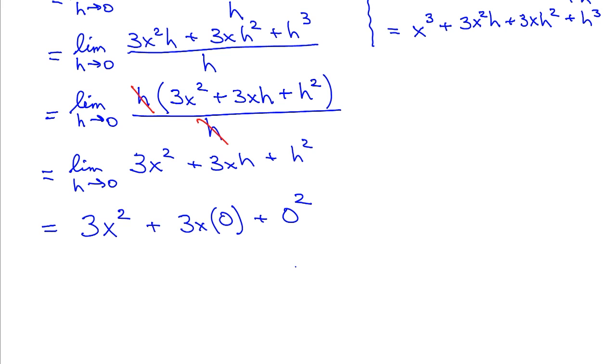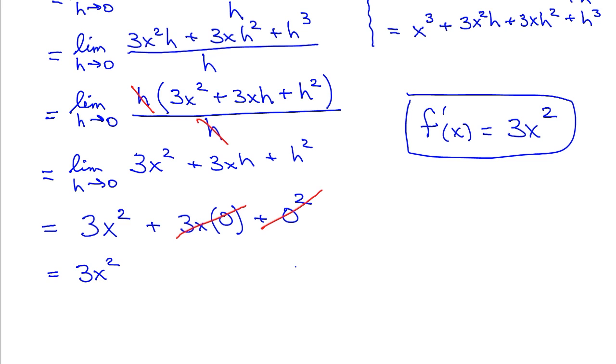And then that's 0 and that's 0, so the result is 3x squared. So that is the derivative. So f prime of x is equal to 3x squared. Again, the derivative is a function, right? Now, you may do some of these and get numbers, but that just means it's the function that is always that number. It's the constant function. But in general, you should get a function with x's for the answer.